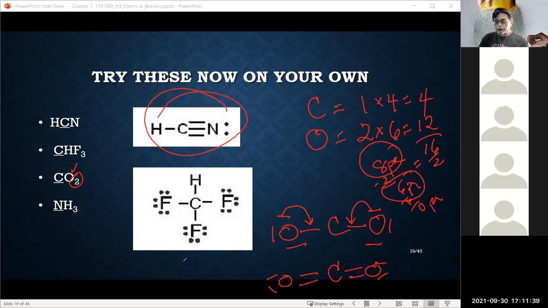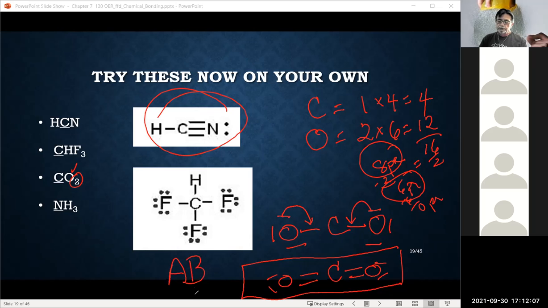Okay. Our general formula, who can determine what the general formula will be for carbon dioxide? What do you think it will be? I got to go to the shapes table. So what general formula would I utilize? Of course, A is there.